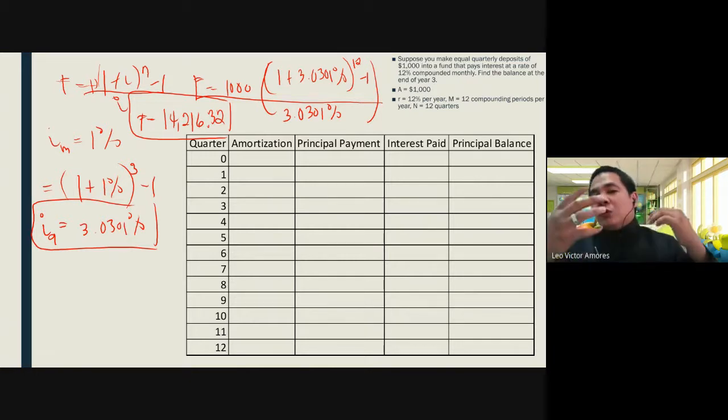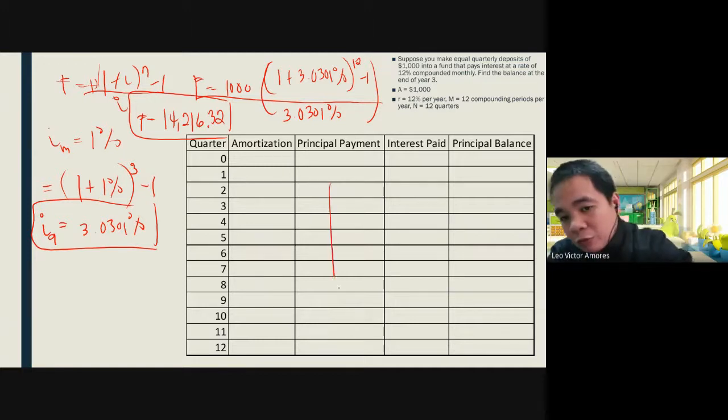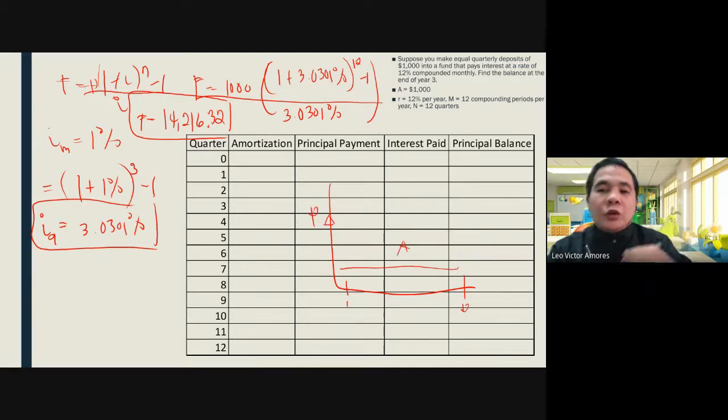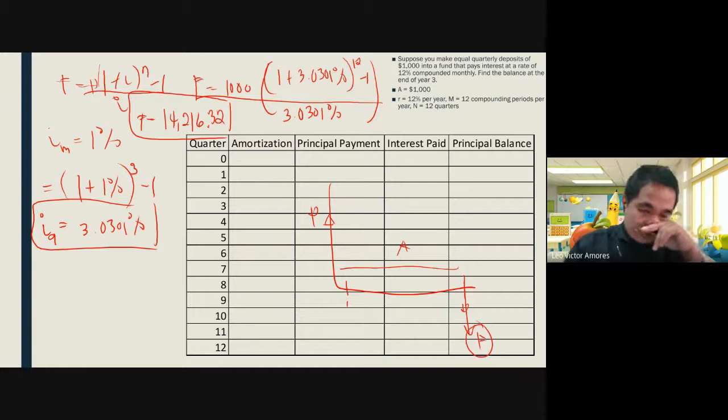So if you would like to see it on a cash flow basis, you have 1 until 12 quarters of annuity. This is the present amount of your loan that you are paying, and this is the future value of all of the annuities.